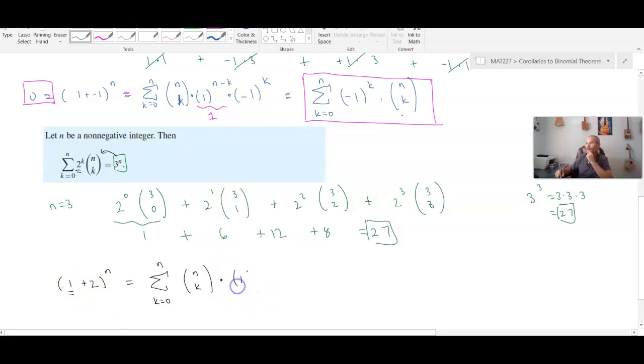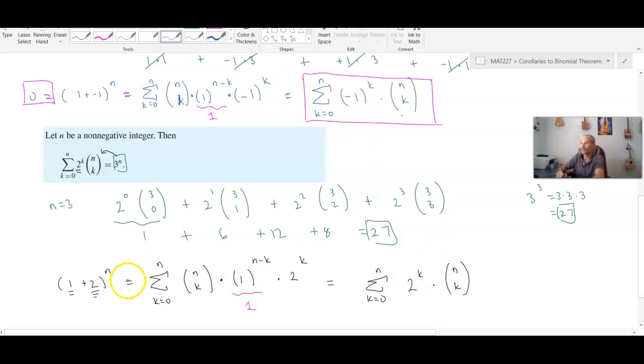It's going to be 1 to the n minus k times the y, which is 2 raised to the k power. Now, once again, here I have 1 raised to a power, which is going to be 1. And so this establishes that the sum from k equals 0 to n of n choose k, but since these are all multiplied together, I'll go ahead and write the 2 to the k first times n combination k.